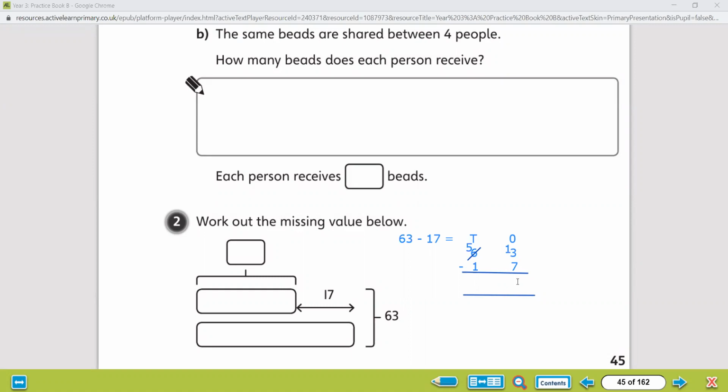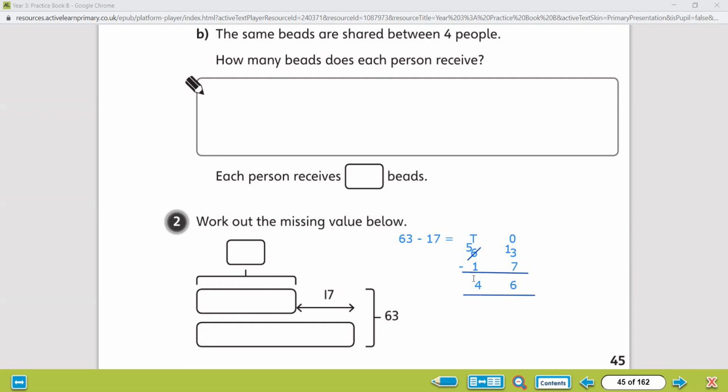I'm going to count on from 7 to 13. 7 in my head. 8, 9, 10, 11, 12, 13. That made 6. So now, subtracting my 10s, 5 take away 1 is 4. So I know that 2 of these make 46.